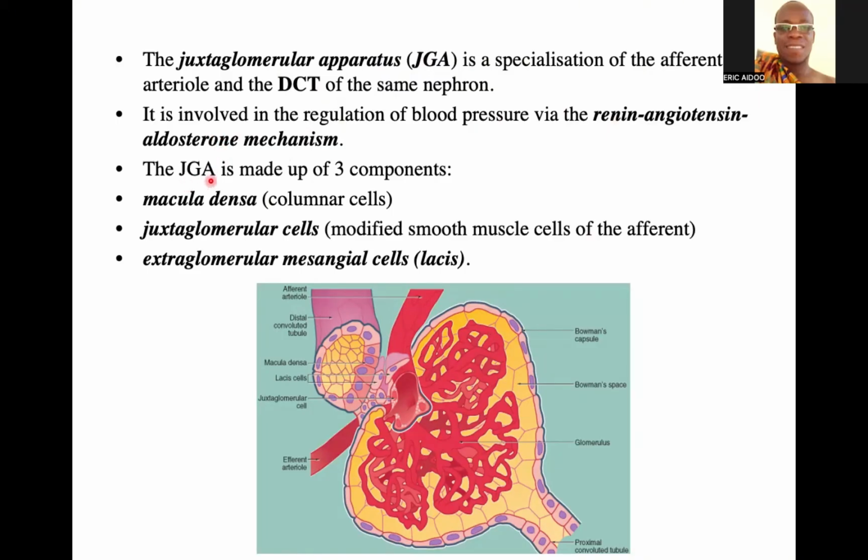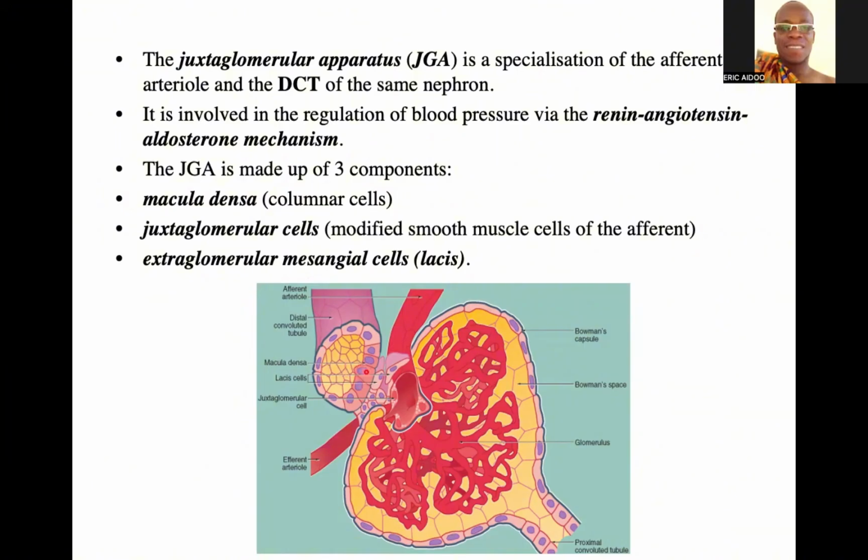So the juxtaglomerular apparatus is made up of three components. You have the macula densa cells, juxtaglomerular cells, and then extraglomerular mesangial cells. So these are the structures we are talking about.